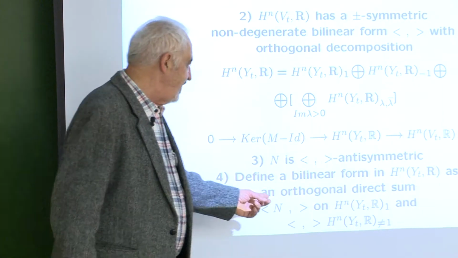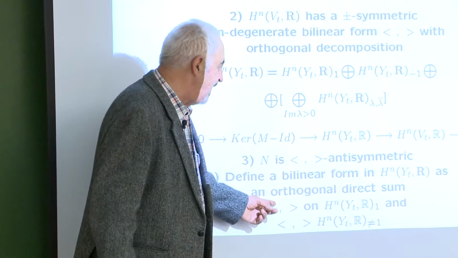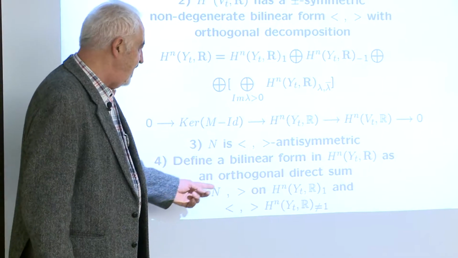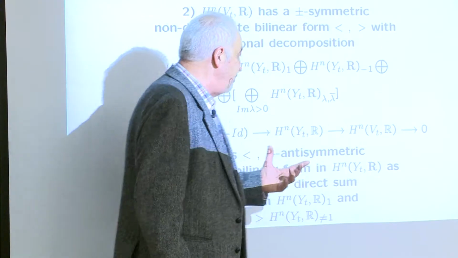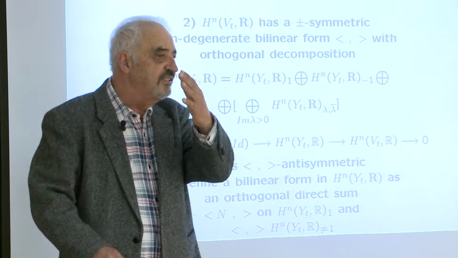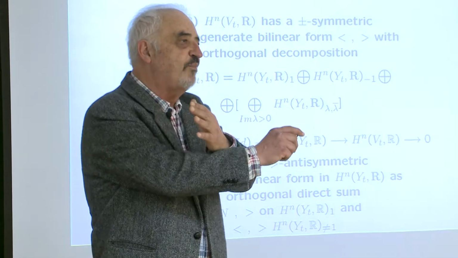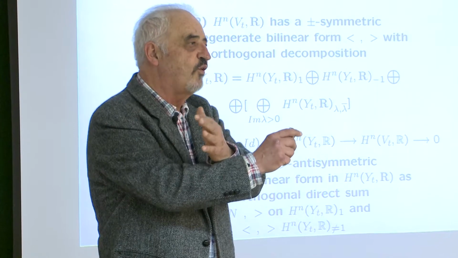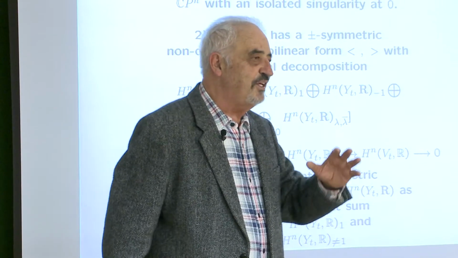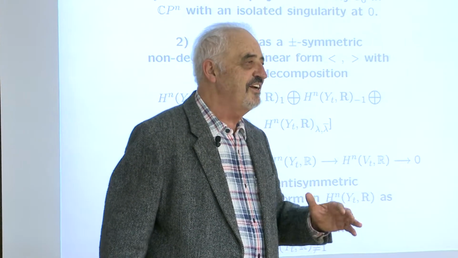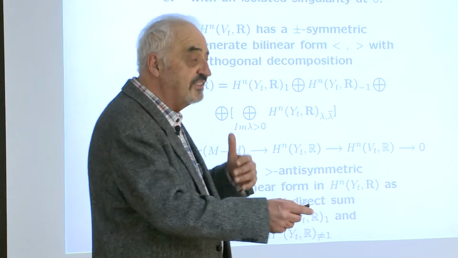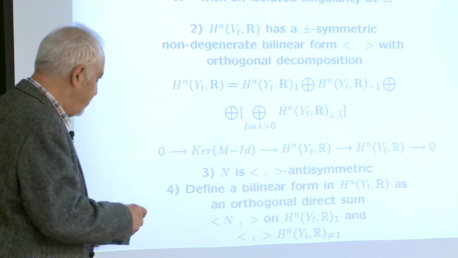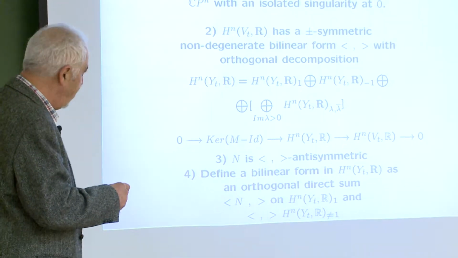So this becomes a bilinear form in H^n of V_t, which in one piece is symmetric and in another piece is antisymmetric, and you have an orthogonal decomposition. They don't teach us in the linear algebra course either symmetric or antisymmetric. Here, naturally, it appears this form, which is mixed, and so this is the canonical form.